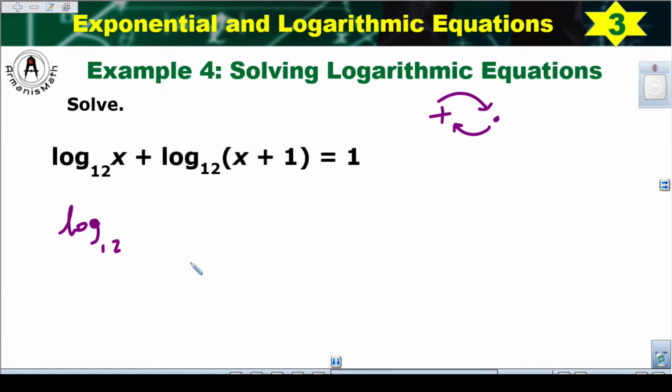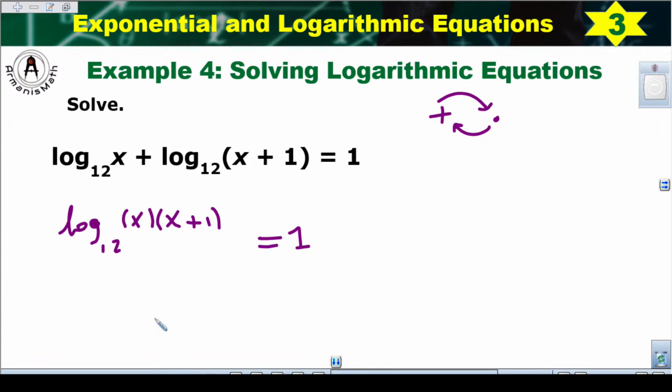Multiply what by what, if I moved from addition to multiplication? Yes, indeed. I might have to multiply the x times the x plus 1, which is going to equal 1 here.